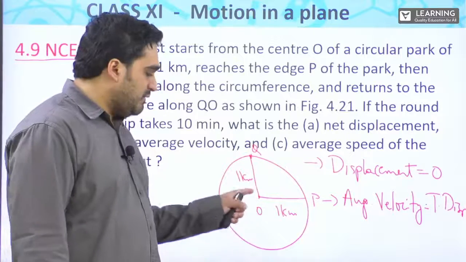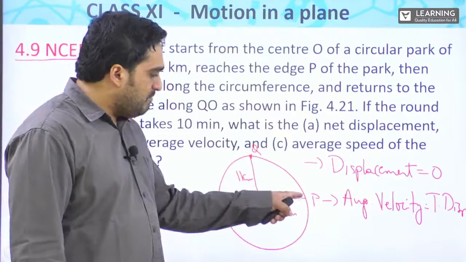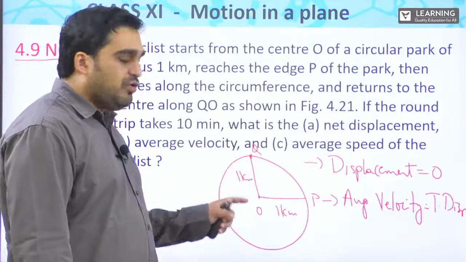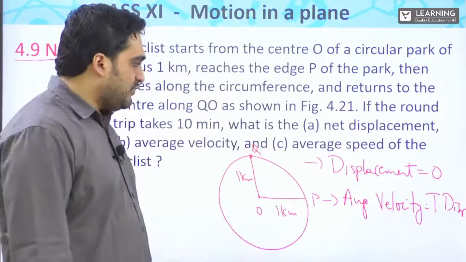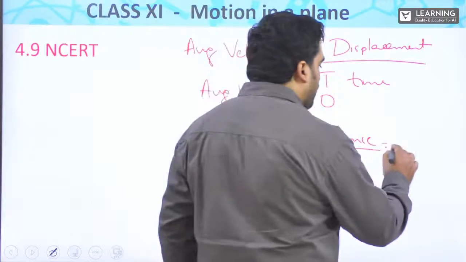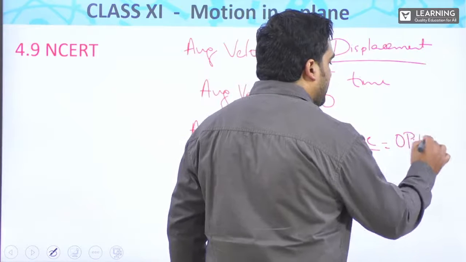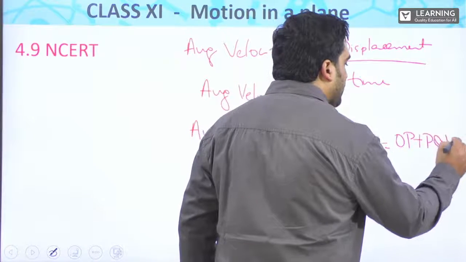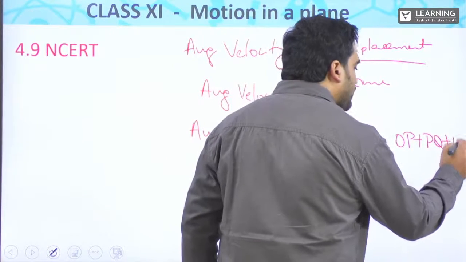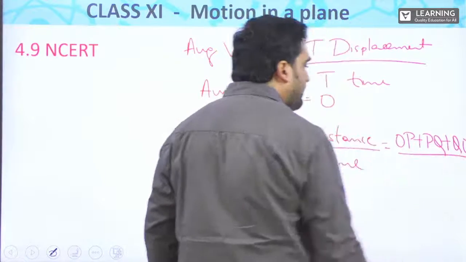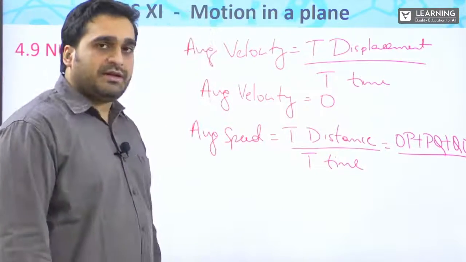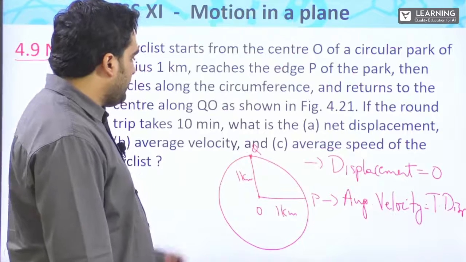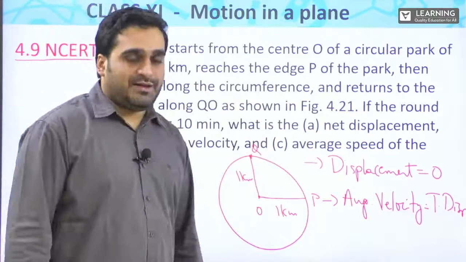Total distance covered from O to P, P to Q and Q to O. So let's make note of that: O to P, P to Q plus Q to O, divided by the total time taken. Total time taken is 10 minutes.